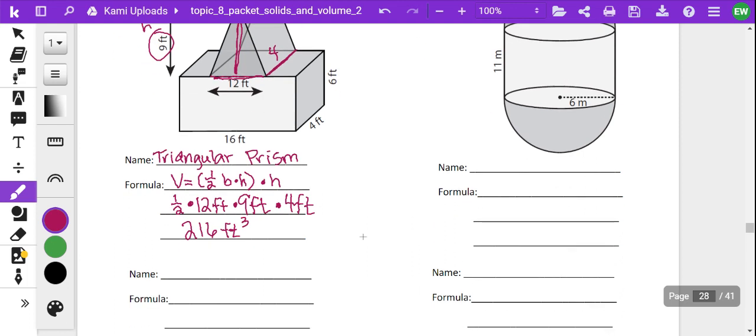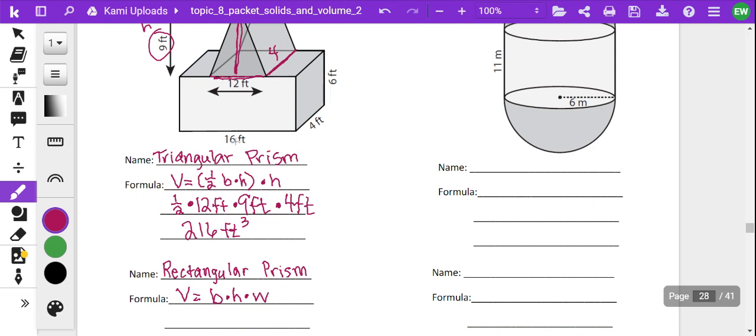All right, we've gotten our first figure, not too bad. Our second figure is at the bottom, and that is going to be a rectangular prism. If I look back at my notes, I know the formula for that is the volume equals the base times the height times the width.